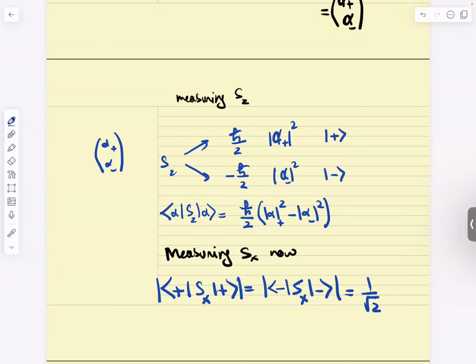You get eigenvalue h bar over 2 with probability alpha plus squared, and the post-measurement state is the ket plus. You get minus h bar over 2 with probability alpha minus squared, and the post-measurement state is the ket minus. The expectation value of S_z is h bar over 2 times alpha plus squared minus alpha minus squared.